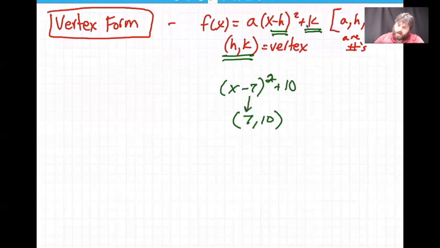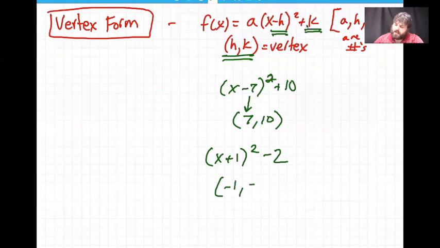Notice how I use the opposite, the negative of that. If the example says x plus 1 squared minus 2, then the vertex is at (-1, -2). Again, I use the opposite of the number with the x, and I use the same number that's out at the end. So this form, vertex form, tells me my vertex.